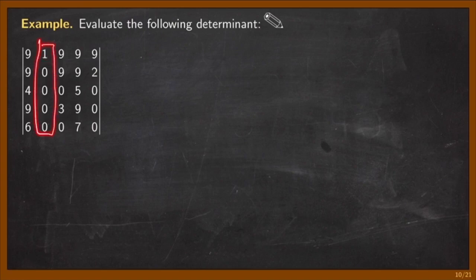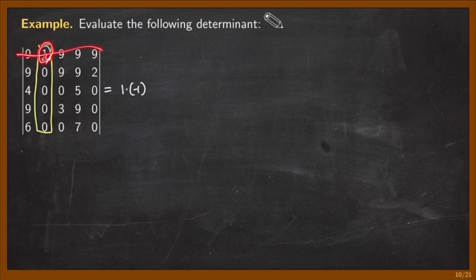So this column is a good place to perform the cofactor expansion. Why? Because we pick the entry 1 times negative 1 raised to, what is the position of the entry 1?